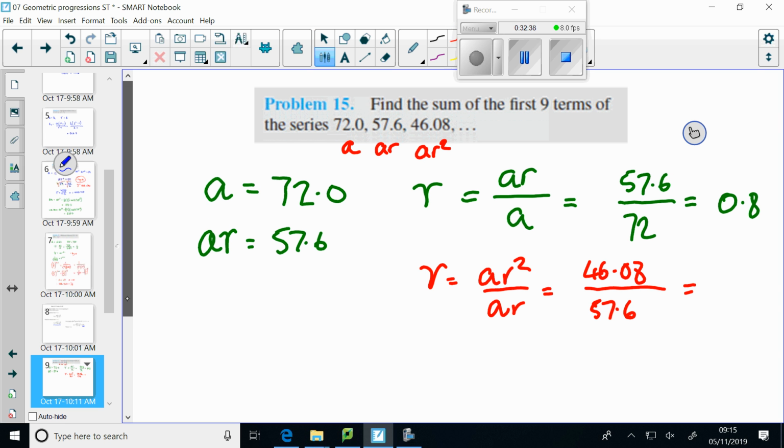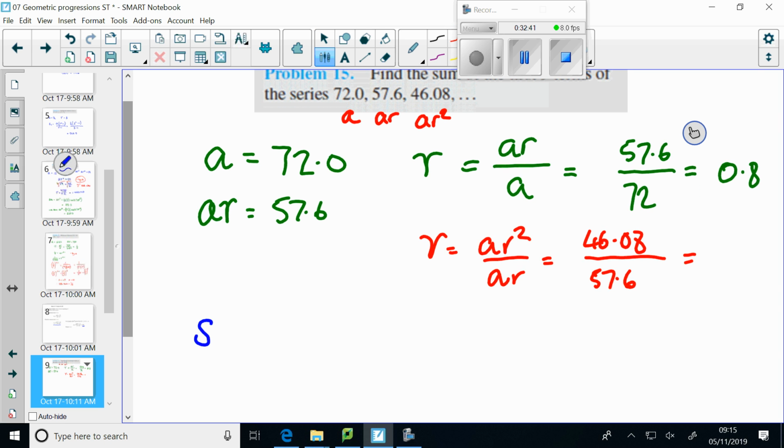And we want to find the sum of 9 terms. We're looking for the formula where R is less than 1. So that's A times 1 minus R to the n, over 1 minus R. It's 72.